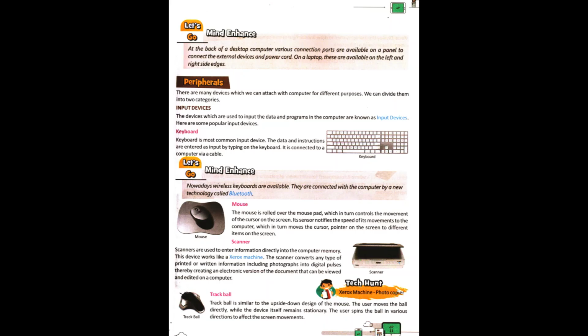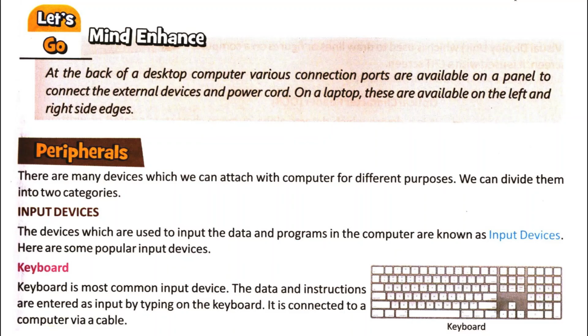time of using computer. Now we are going to discuss peripheral devices of computers. There are mainly two categories of peripheral devices which we can connect with computer for different functions, purposes. That are input devices and output devices.